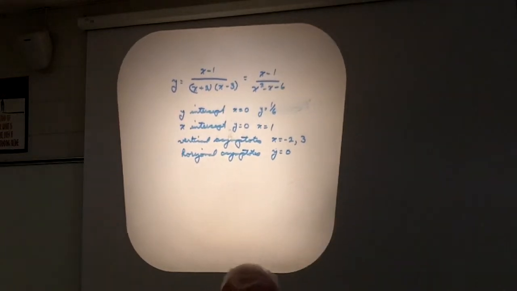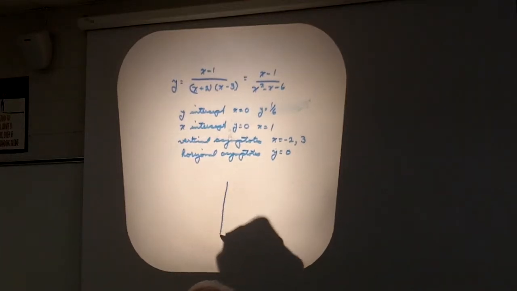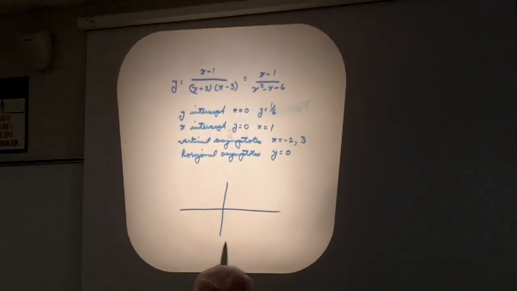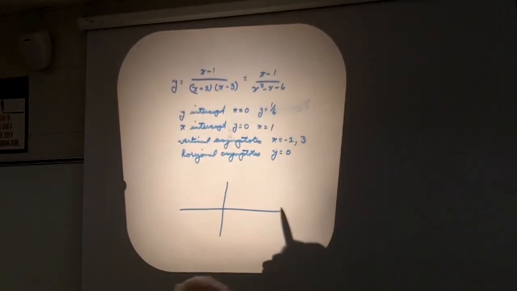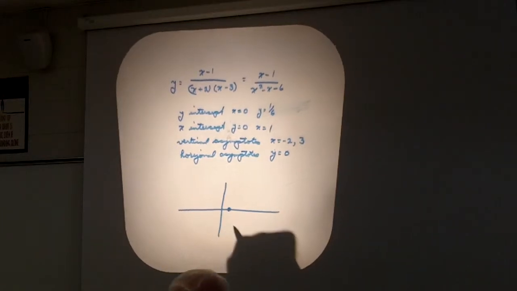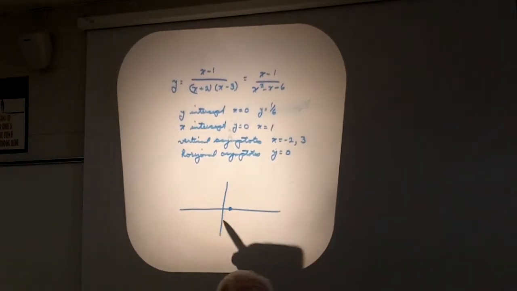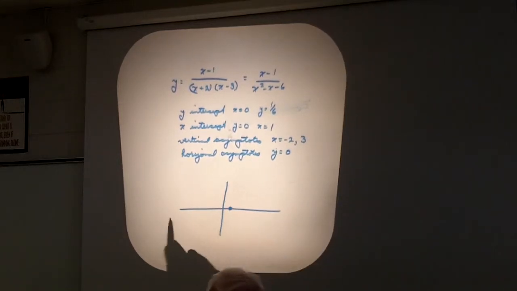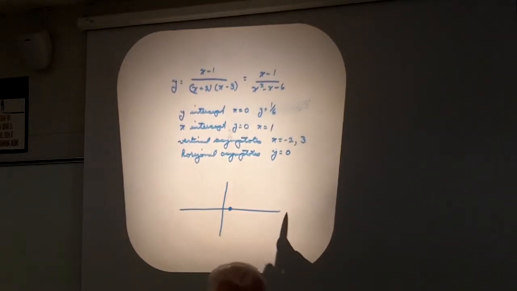And so now about the graphing of this thing. So you get an idea of a quick graph of the function. We have an x-intercept at 1. That'll be right over here. That means if we're on this side, we can pass through it, or if we're on the other side, we can go through it that way. That's the only place you can go through the axis here.